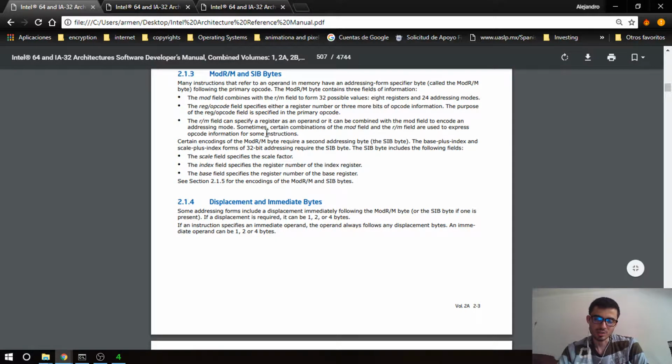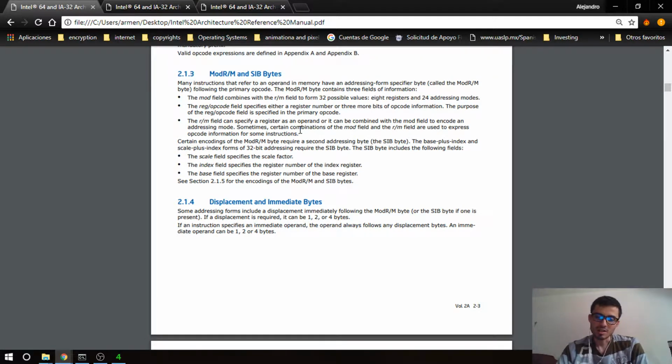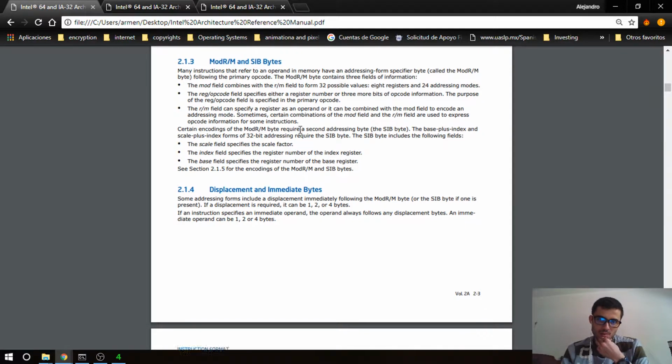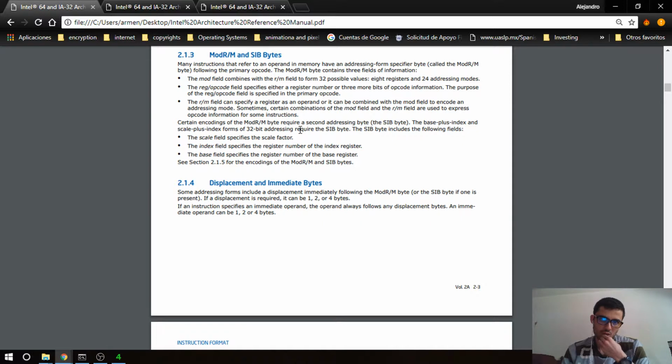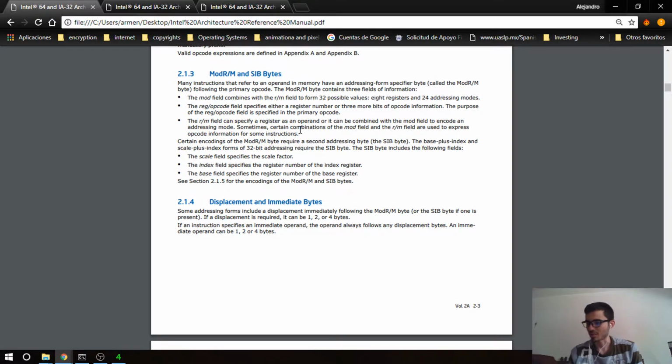If you see, this doesn't tell me which register we are talking about, and it's because that meaning is encoded in the primary opcode table. They just tell us, okay, it's gonna be an operand, and the way that operand is gonna be encoded and what meaning it entails is with this table. It's a register, or it's a memory with an offset, with a limit, with a scale. It's the whole operand structure. But if you want to see which operand we're talking about, that's encoded in another part. Okay. So that's good to know, because I was going bananas.